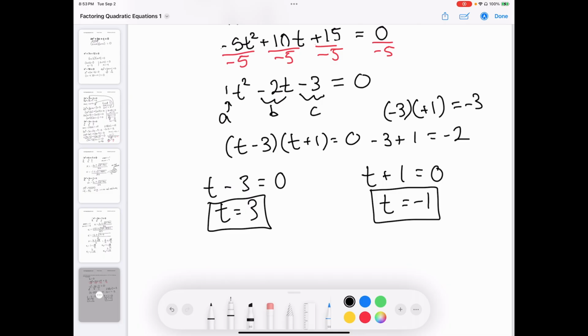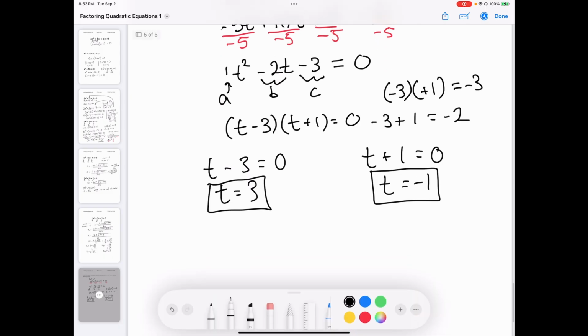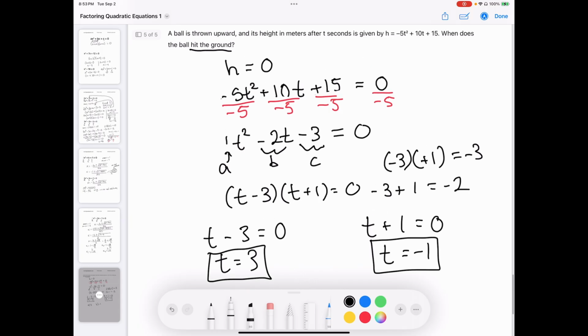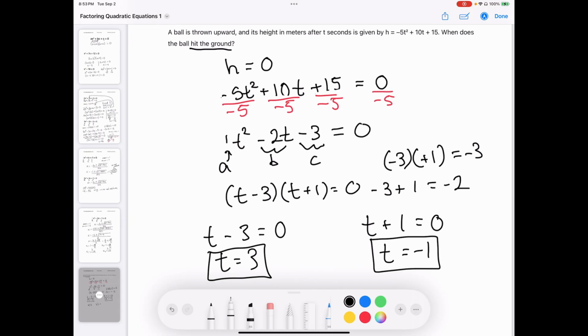But let's say this was multiple choice, and let's say they gave you both answers as options. Let's say our A option was 3 and our B option was -1. Which one would you choose? Mathematically, there are two solutions, but we have to apply this to real life. Word problems model real life situations.